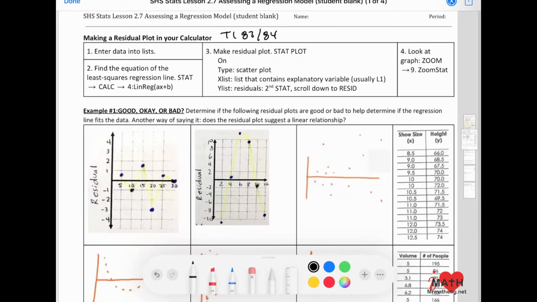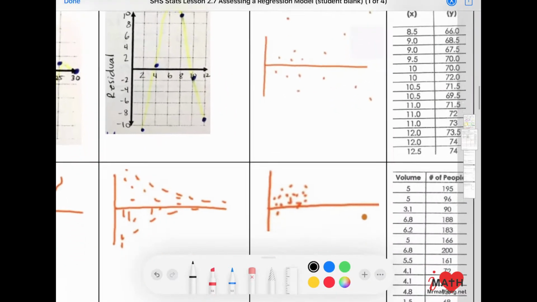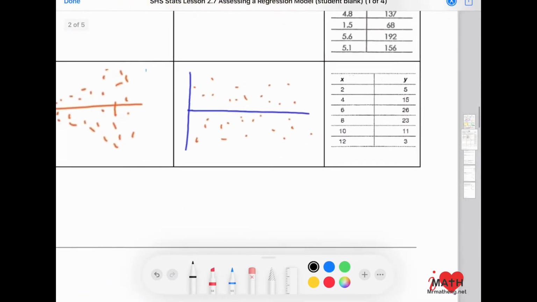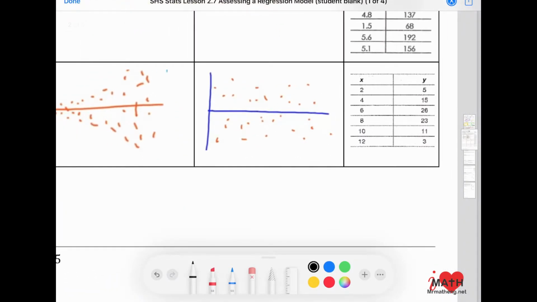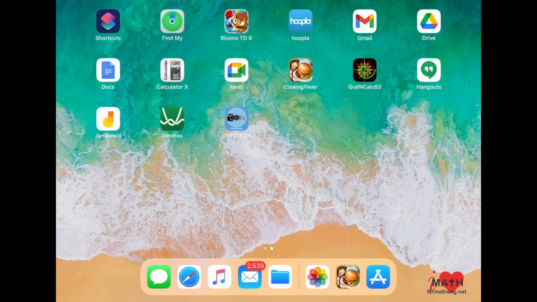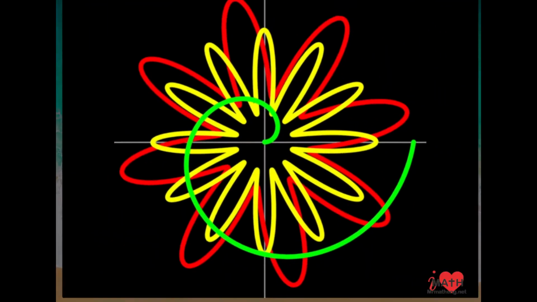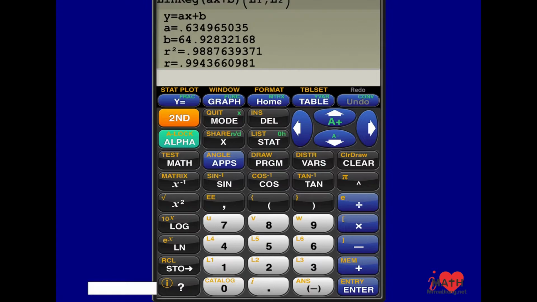And let's do this for example, this one here at the bottom. Let's go ahead and do this one right here. Okay, so I'm going to use Graph and Calc 83. I don't have the list.